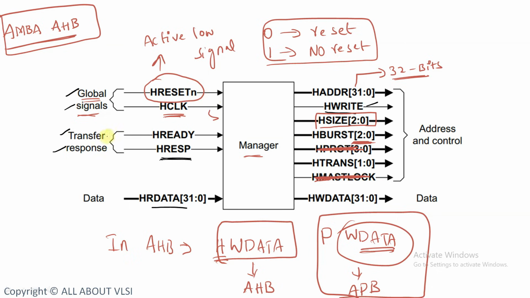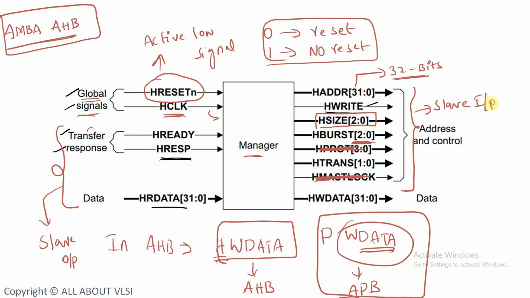So these are given by our slave's output, and these all are our master's output and slave input. These are given to our slave. This is also given to our slave, and these are our master's outputs. So using these signals, our master and slave are communicating with each other and transferring the data.